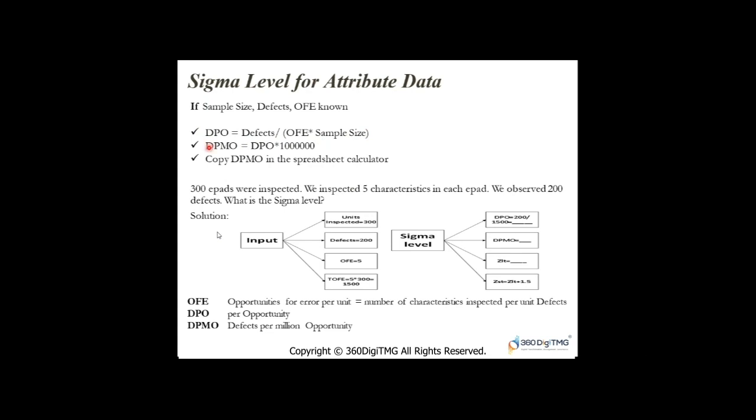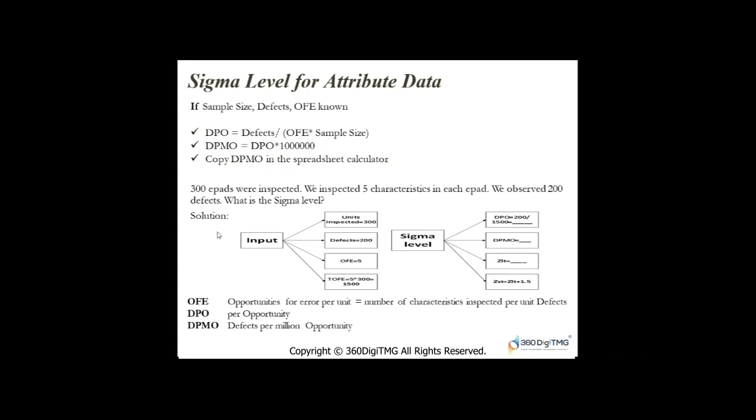If you want to find out defects per million opportunities, you just multiply defects per opportunity by 1,000,000. Copy this DPMO value into the spreadsheet. You'll get the value of ZLT, long term, and Z short term.